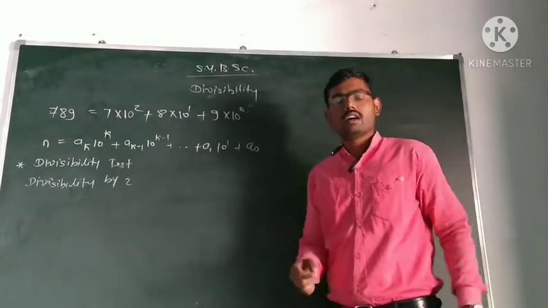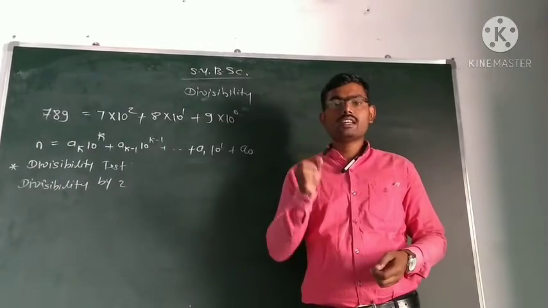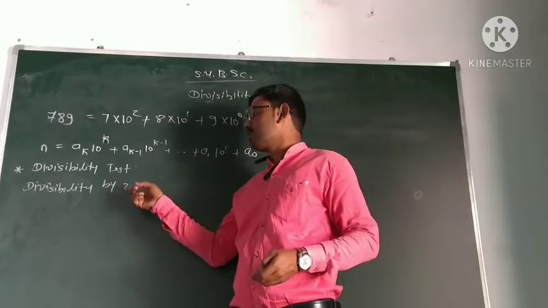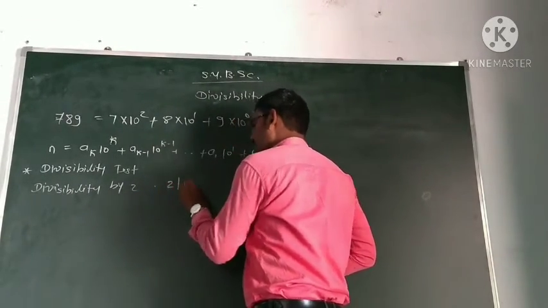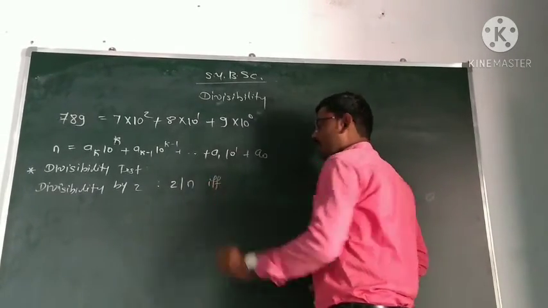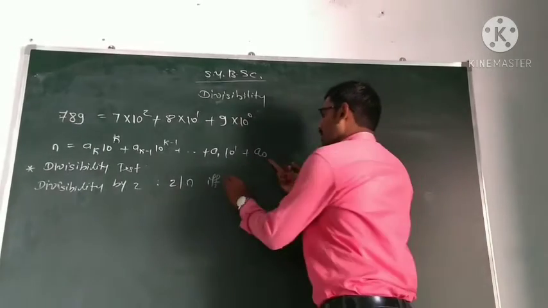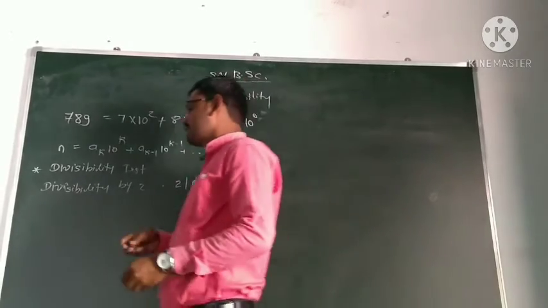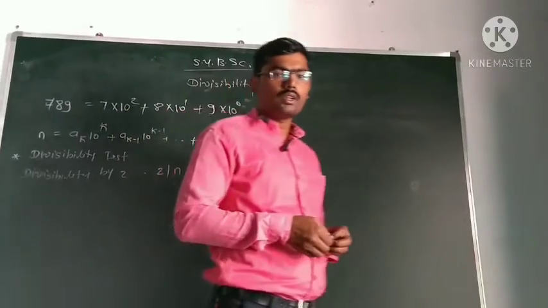We know an integer or a number is divisible by 2 if and only if its unit digit is divisible by 2. That is, 2 divides n if and only if the unit digit is divisible by 2, that is, 2 divides a naught. This is the divisibility by 2. We will prove this now.